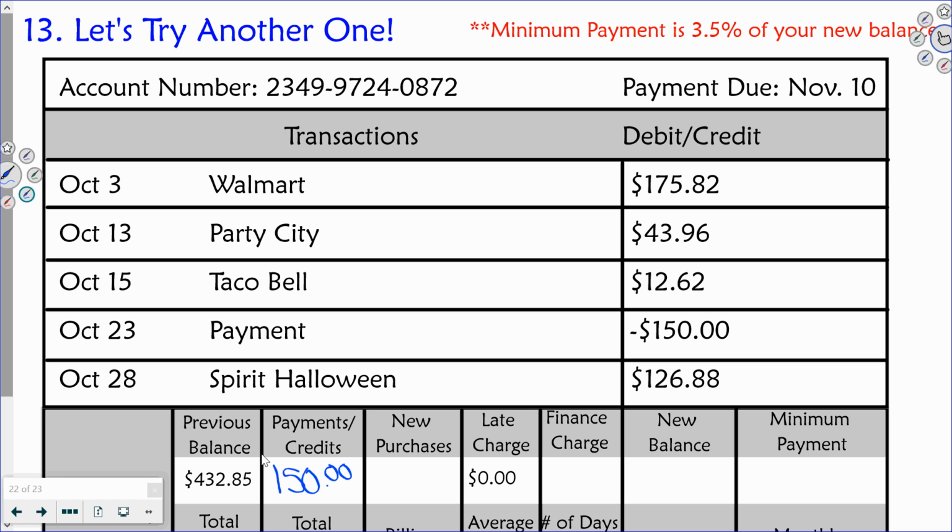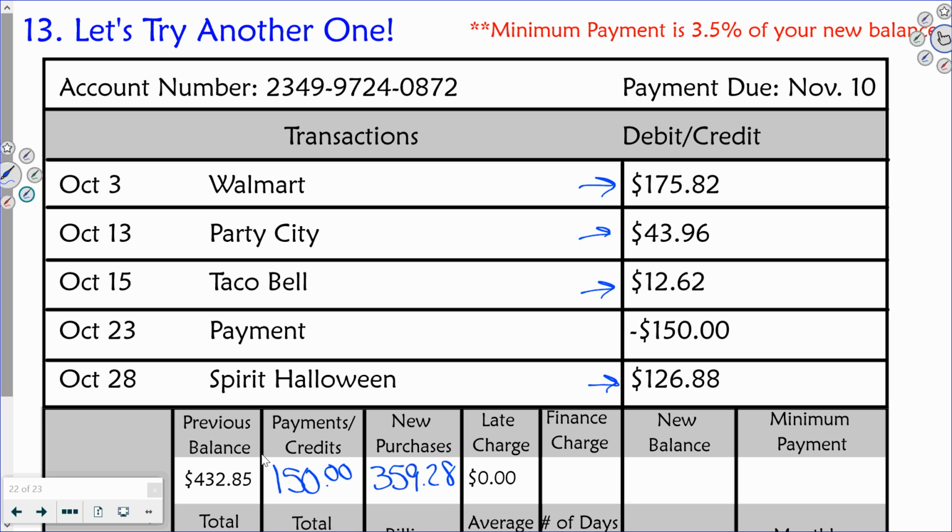So 175.82 plus 43.96 plus 12.62 plus 126.88. I'm just adding them. Don't add the payment into that. Just add the things that you bought. There you go. 359.28. That's us just adding up the things we bought, which are those 4 things.